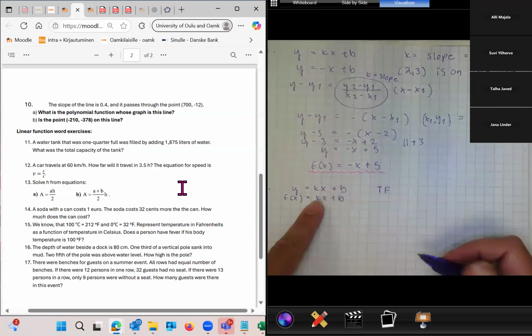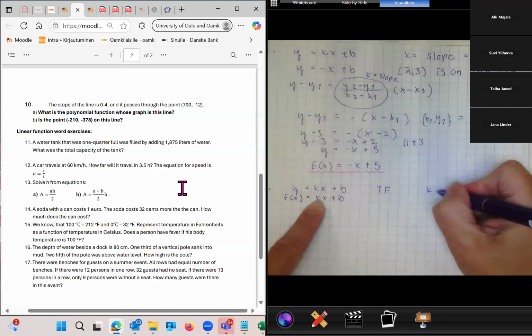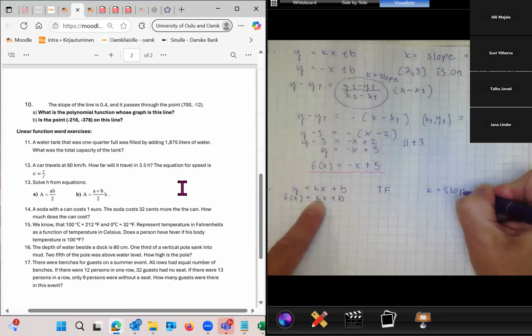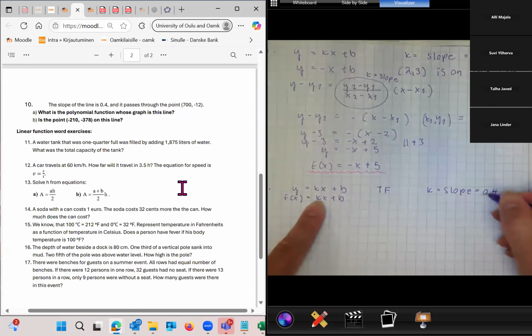Where we would know that k is the slope, which in this case is 0.4. How would you call this kind of number? This is a decimal. Yeah, okay.